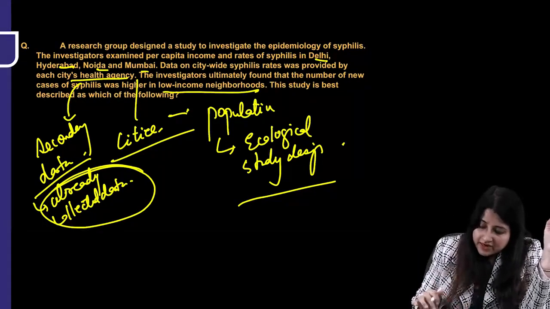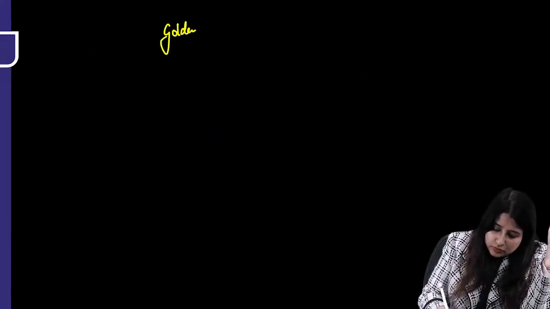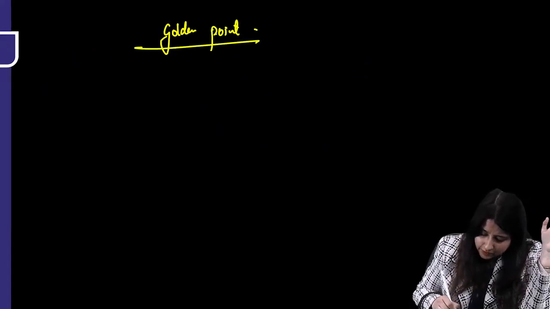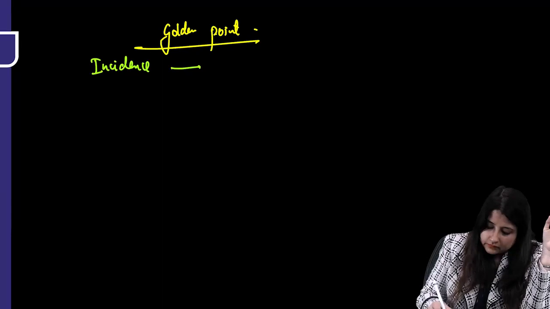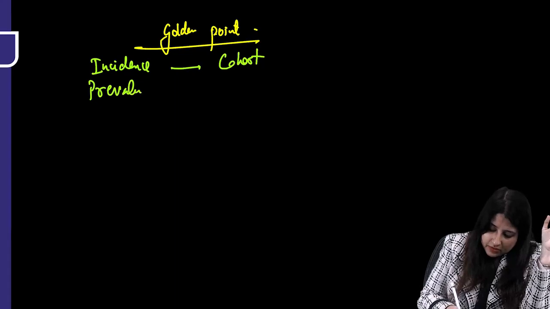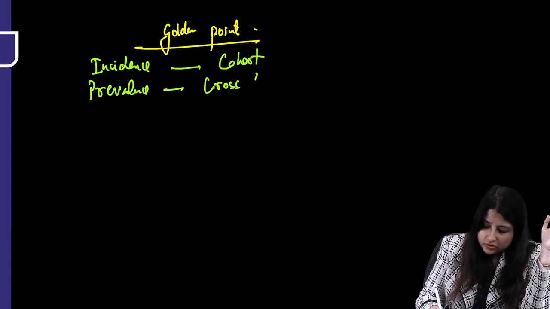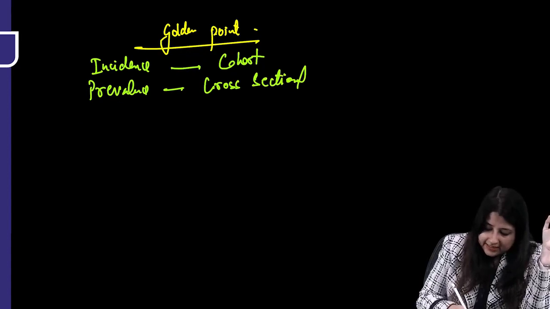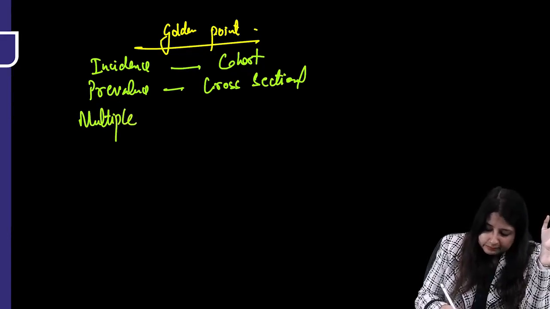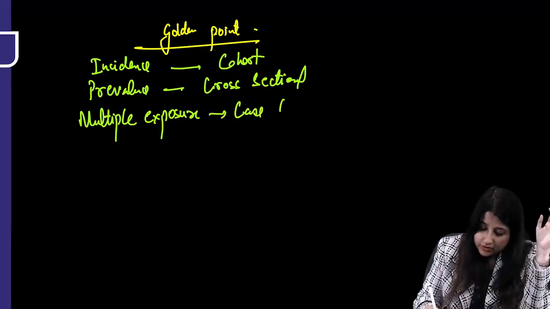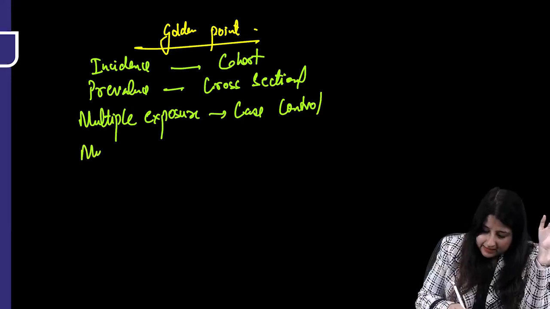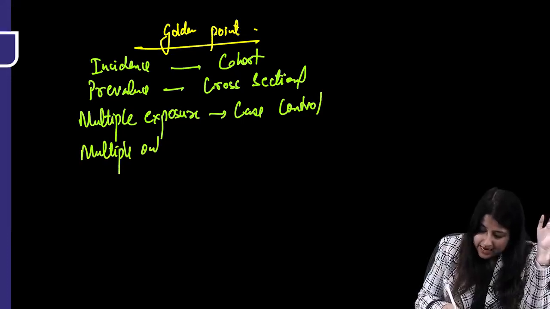Out of what you've so far studied, guys, some golden points I will quickly tell you. If you have to study incidence, what type of study? Cohort. If you have to study prevalence, what type of study? Cross-sectional. If you have to study multiple exposures, what type of study? Case control. If you have to study multiple outcomes, what type of study? Cohort.